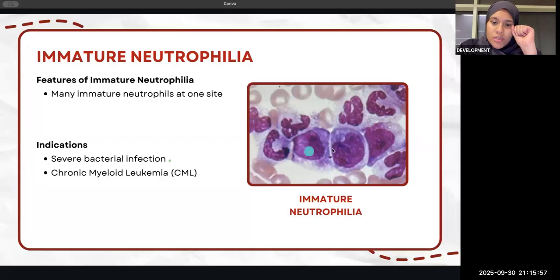As you can see, the lobes here are not properly segmented yet. Some of them are segmented, and that's how you know it's a neutrophil, but some of them are still developing into a neutrophil. You can see a band cell over here, for example. So this is immature neutrophilia: severe bacterial infection, chronic myeloid leukemia.